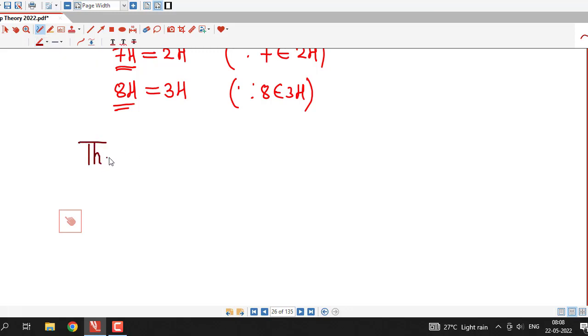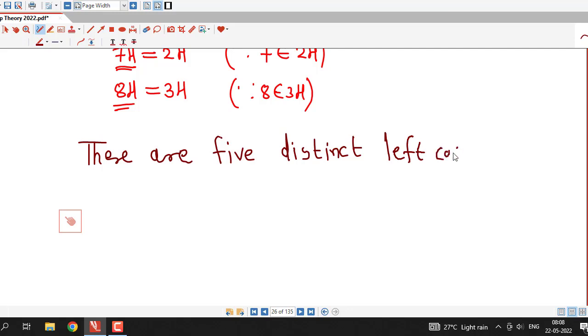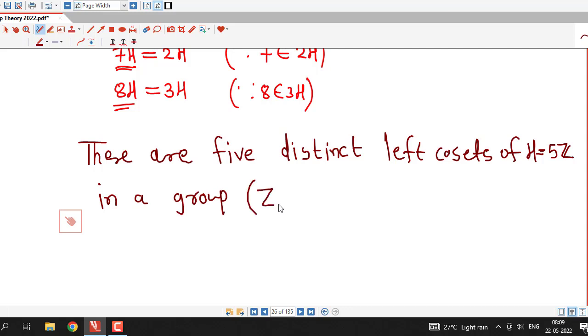So there are 5 distinct left cosets of H equal to 5Z in the group which is the set of integers under addition, as listed below.